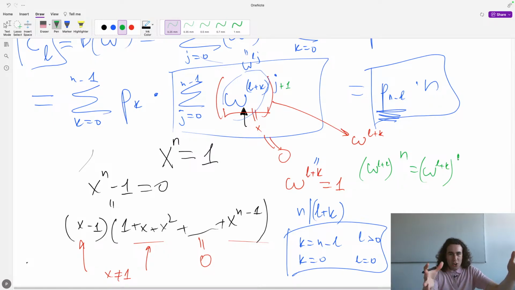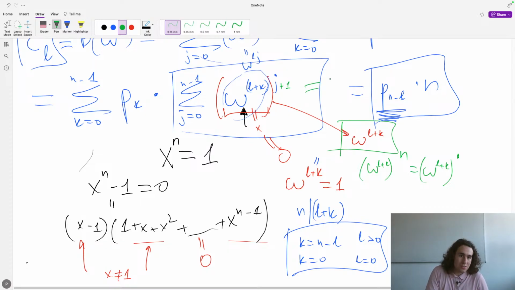So I shifted all the powers. Before I had powers 0, 1, 2, and so on, n minus 1. Now I have powers 1, 2, 3, 4, 5, and so on, n. But the nth is the same as 0. So when I multiply this thing by omega to the power of L plus K, the sum doesn't change.